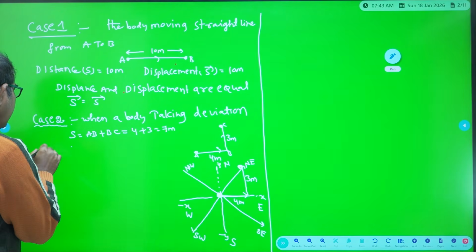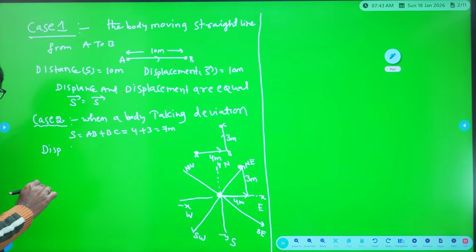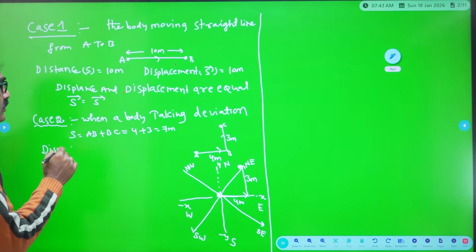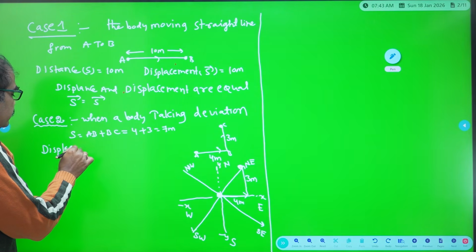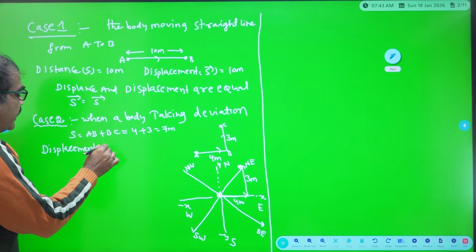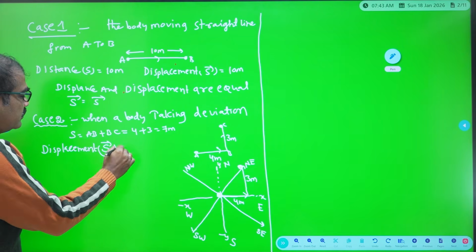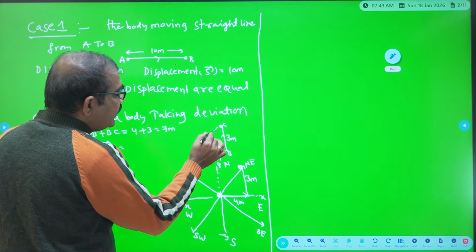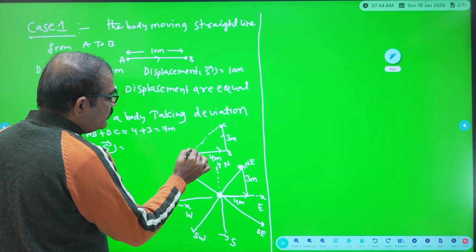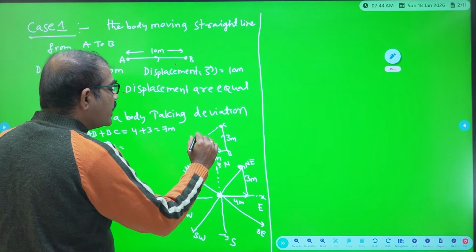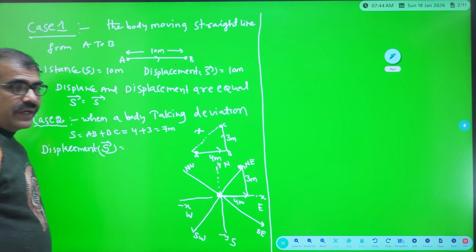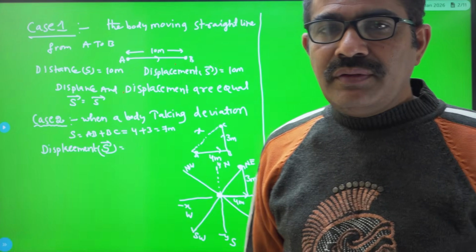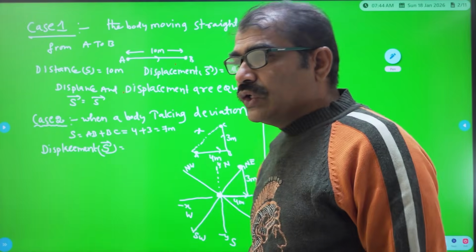Displacement S bar is equal to: take initial point A, final point C, line joining initial point and final point. So I am taking this as x. I want to find out x. How to find x? By using Pythagoras theorem from mathematics, two sides.